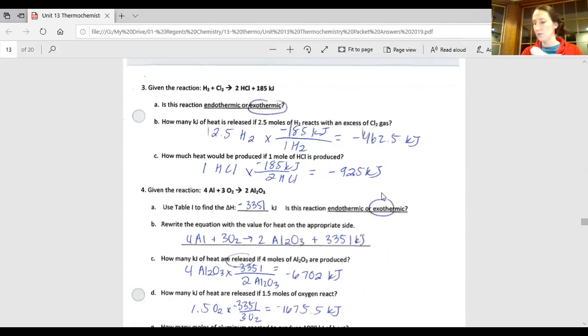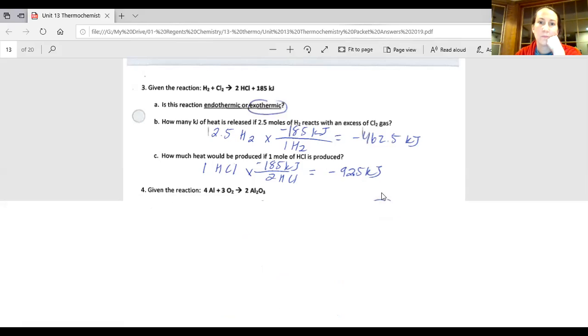Okay, so for 13, here we go. In this problem, here's your heat value. It's on the right, so it's exothermic.